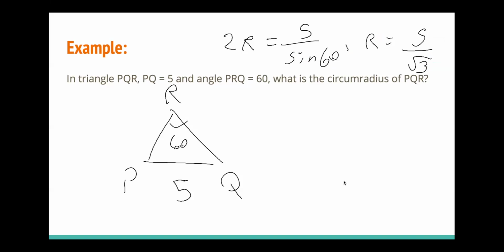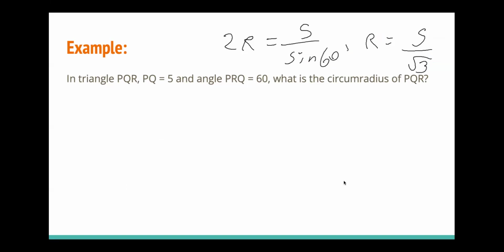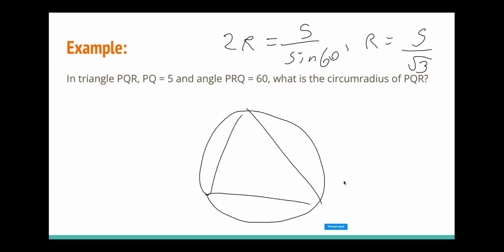While that is a valid solution, I think I should still show how to do this without using the formula. So, okay, let me erase this part. So if we draw P, Q, and R, and we also draw the circumcenter, we will get the 60, so it's 5.